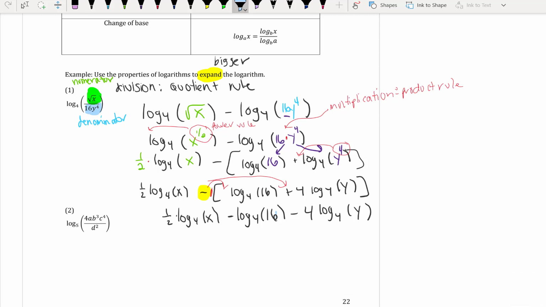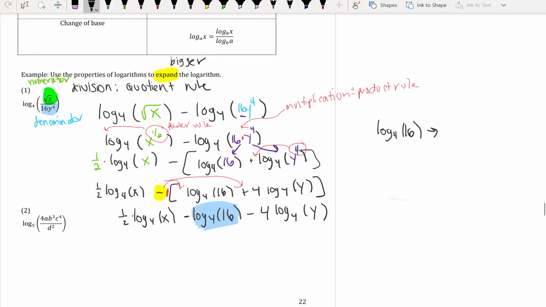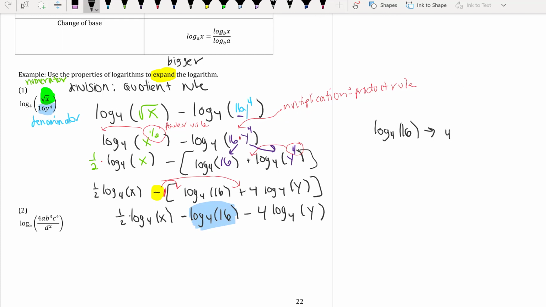And here we can still simplify. We can simplify this log base 4 of 16. Well, over to the side, if I were to rewrite log base 4 of 16 as an exponential, that's 4 to some power is equal to 16. Well, 4 squared is equal to 16. So I know that this entire thing is going to equal 2.